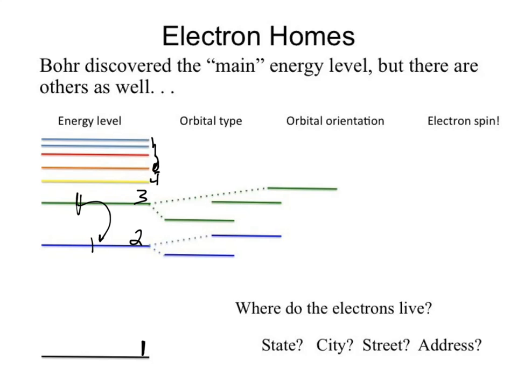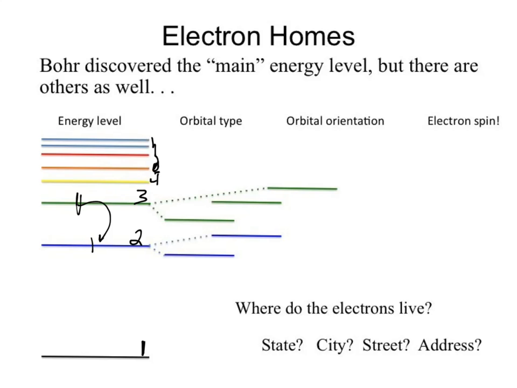As we add another energy level, we get a new orbital type. So the idea is that we're slowly breaking these down into the individual sections. We start at our energy levels, then we see we can get some orbital types, and then the next part of this, which can be the confusing part, is our orbital orientation.